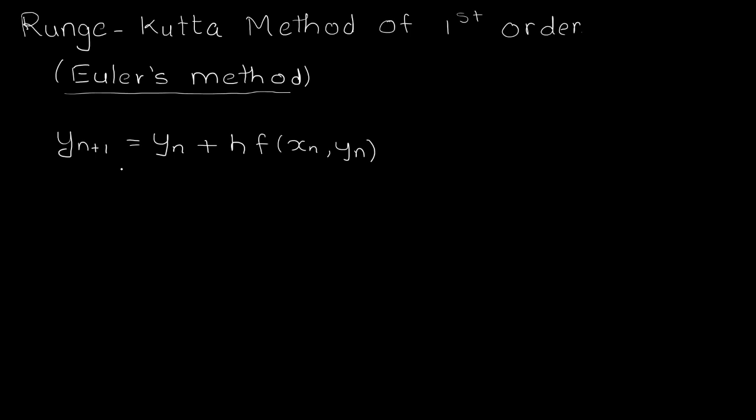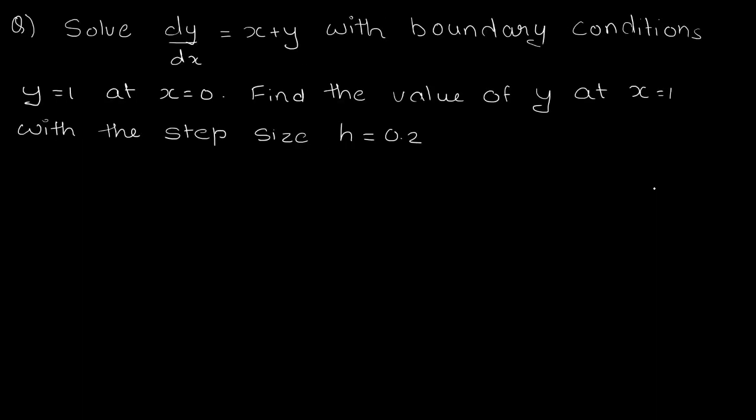Euler's method gives us y of n plus 1 equal to yn plus h f of xn comma yn. We have seen that h is the distance between x0 to x1, x1 to x2 and so on, since all these points x0, x1, x2 are equidistant from each other. Okay, so we'll see one example.